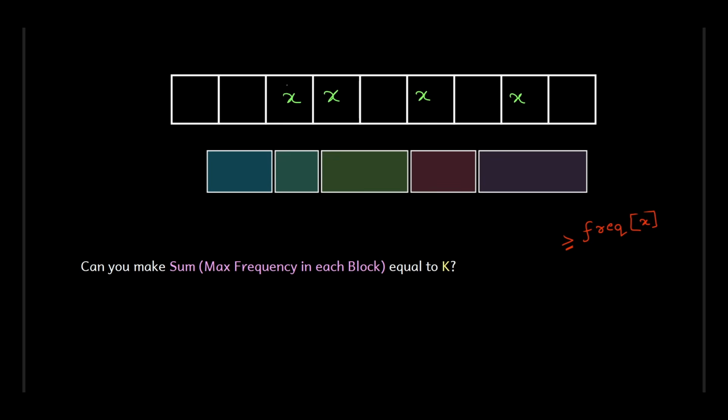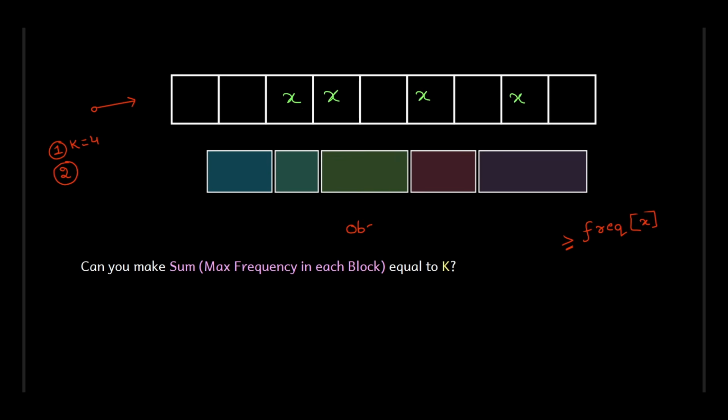So we know that it is definitely possible to achieve K equal to 4, right? You just take the entire window, and the element with the maximal frequency is x and the maximal frequency is 4, so you will get 4. Now we will make another observation. So this is now observation 3.